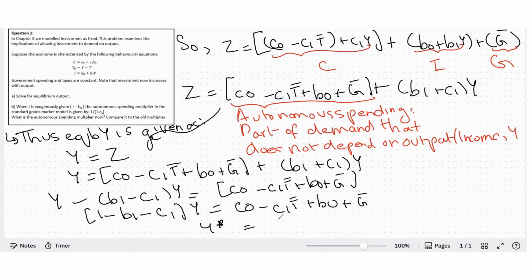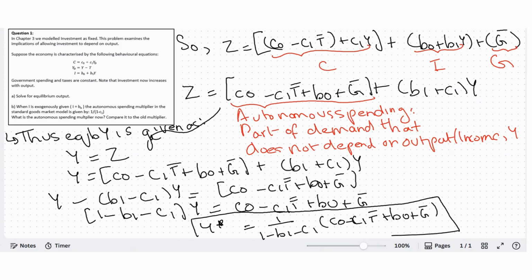So from here we can write equilibrium output as 1 over (1 minus b1 minus c1) times (c0 minus c1 T bar plus b0 plus G bar), and similar to the text, this is given to us as a product of the multiplier and autonomous spending.